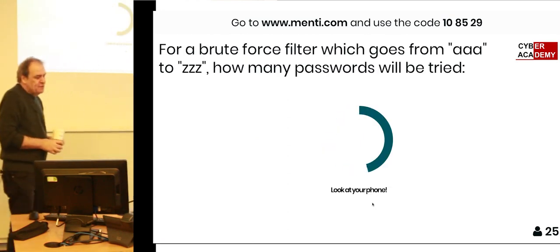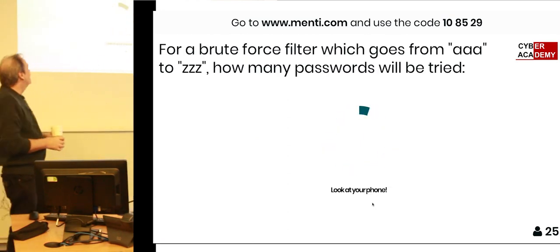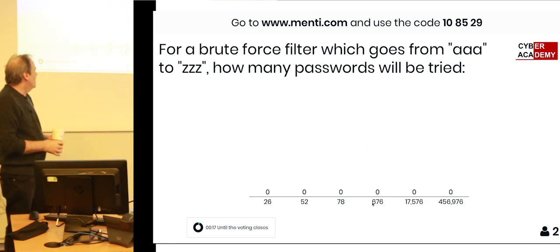Okay, for brute force, if we go from all A's to all Z's, how many passwords do we try? Roughly, off the top of your heads. Estimate. If you get this one right, I'll be really impressed.